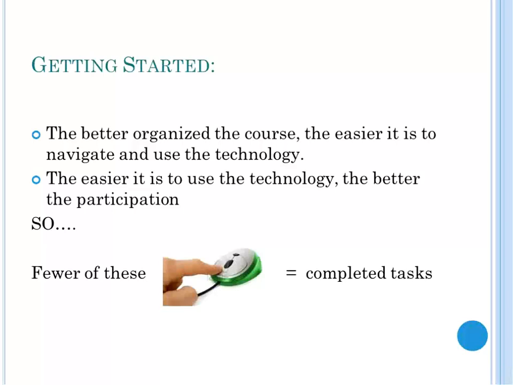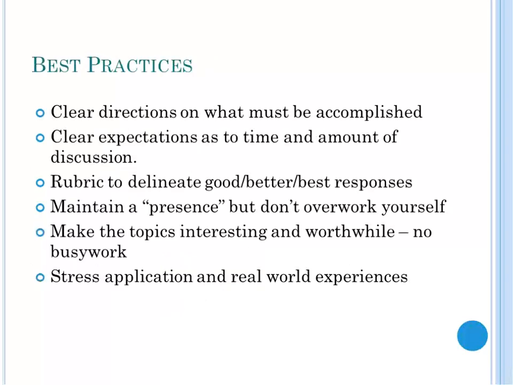So the easier it is to navigate around, the more participation you'll get. The fewer the clicks, statistically shown in research, the more likely the students will complete a task well.